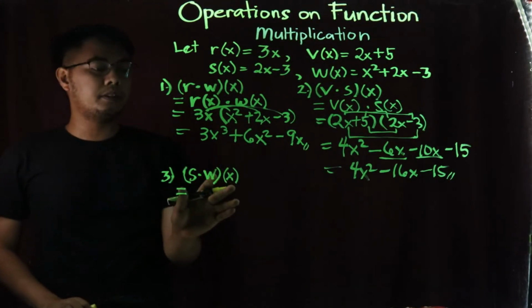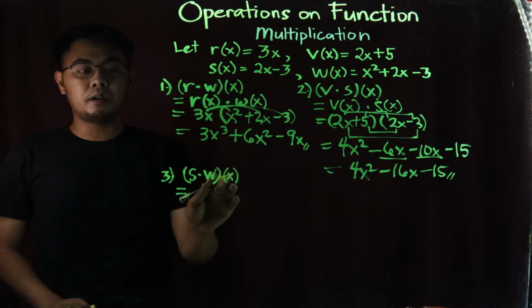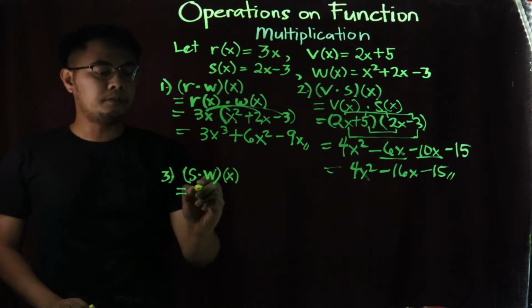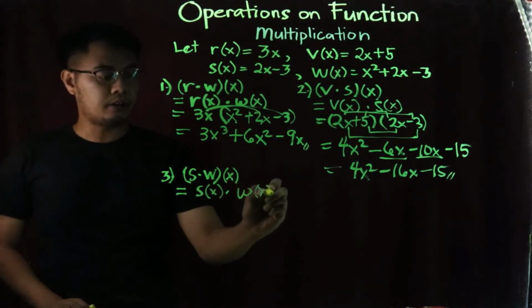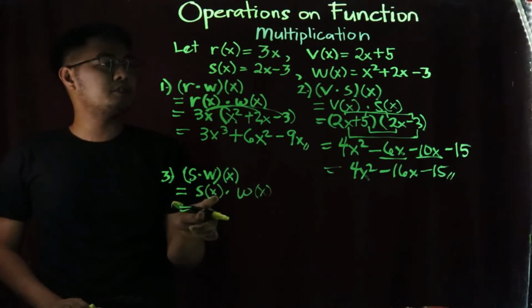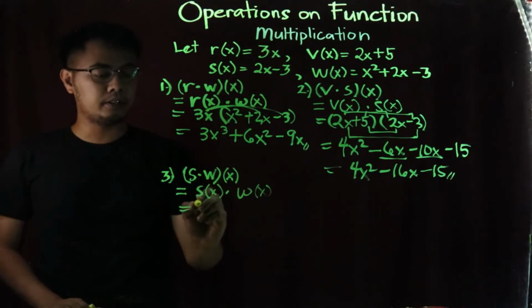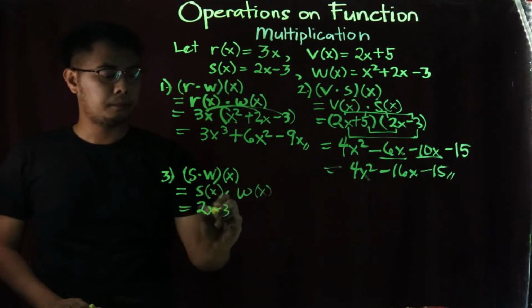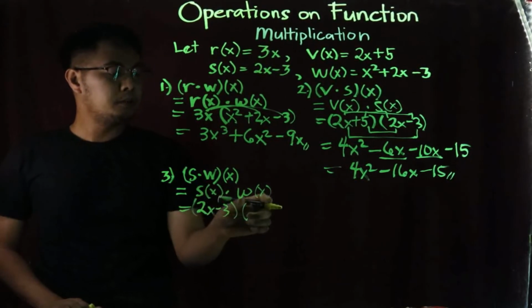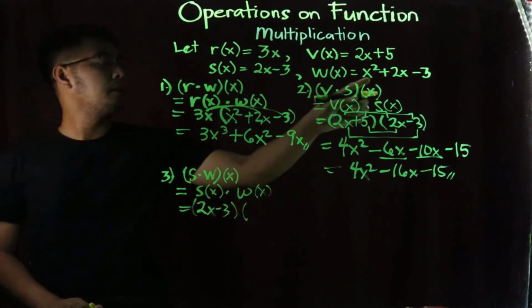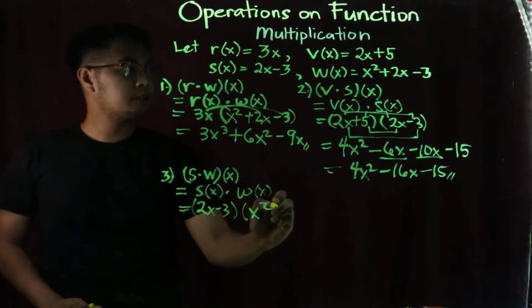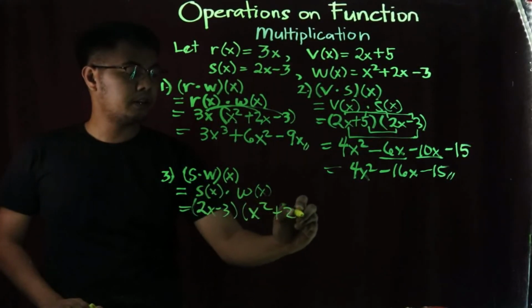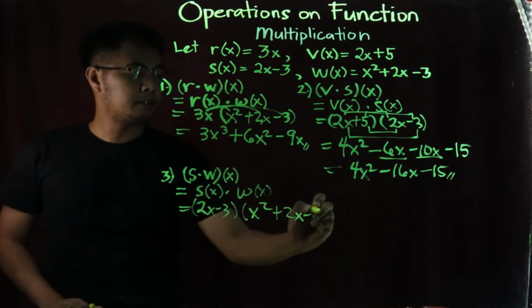Okay, next, number 3. S times w of x. So, s function times the w function. Ang s function natin ay ito, 2x minus 3, times yung w function natin, that is x squared plus 2x minus 3.